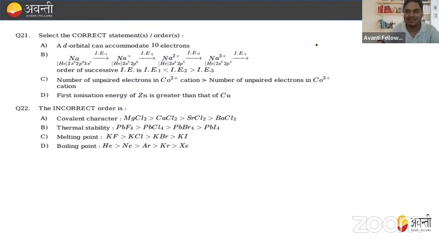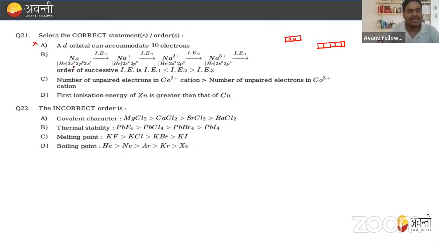So we know that any orbital can accommodate only 2 electrons, right? The total d subshell has 5 orbitals, so they can accommodate 10 electrons. But if they are talking about a particular d orbital, or any p orbital or any s orbital, they can accommodate a maximum of 2 electrons only. So this statement is absolutely wrong, right?